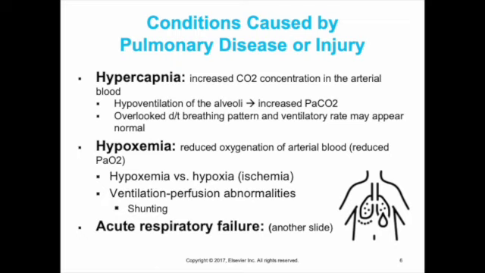Also, if there's a deficit in the diffusion of oxygen across the alveolar capillary membrane, you're not going to get enough oxygen into the blood, as well as perfusion of the pulmonary capillaries. Now, this could all lead to acute respiratory failure if not corrected.